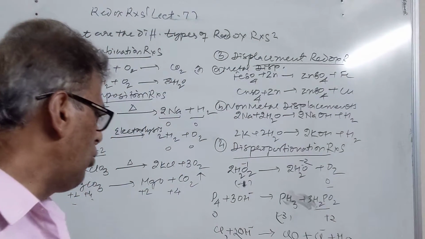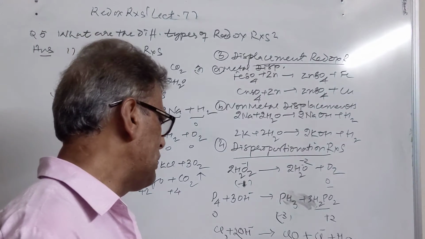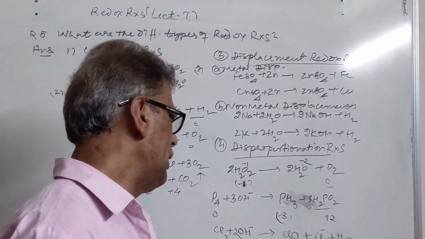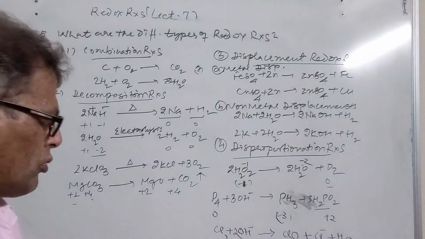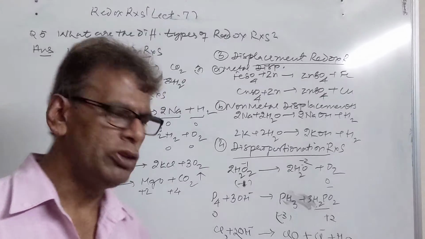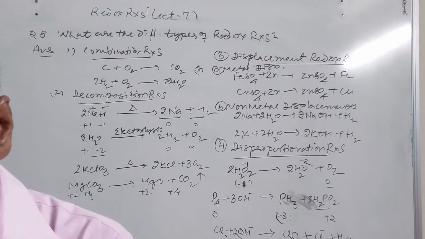Now in this case, chlorine was initially in the 0 oxidation state. Here it is present in the +1 state. Here it is in the -1 state. So in one of the compounds, its oxidation number has increased from 0 to +1. In another compound, it has decreased to -1.